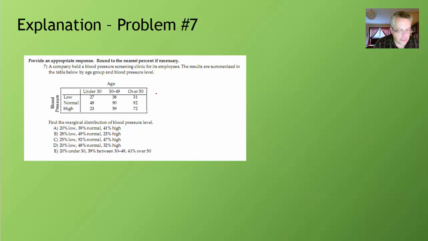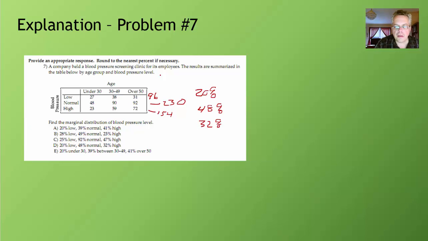So the first row, there were 96 people with low blood pressure. There were 230 with normal blood pressure, and there were 154 with high blood pressure. If we convert these to percents, the 96 is 20%, 230 ends up being 48%, and 154 ends up being 32%.